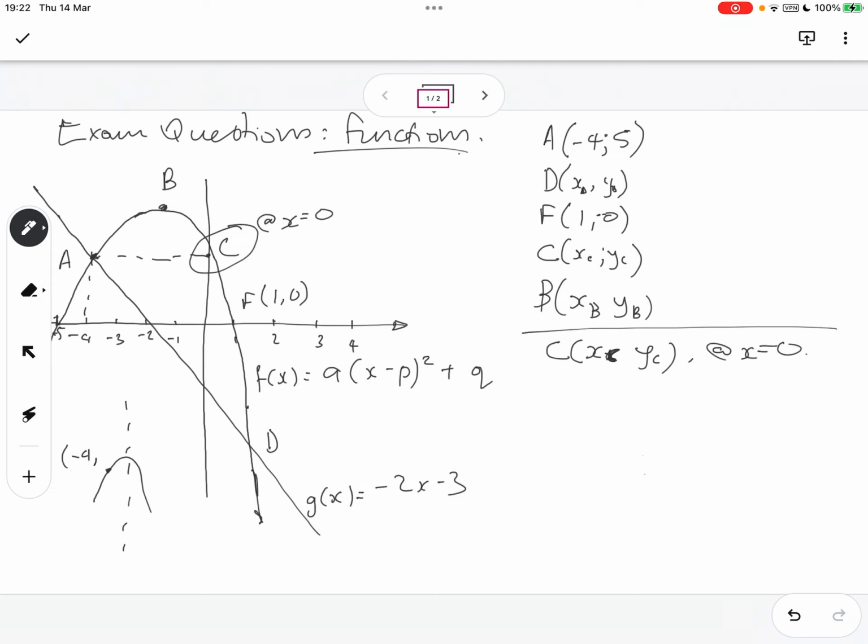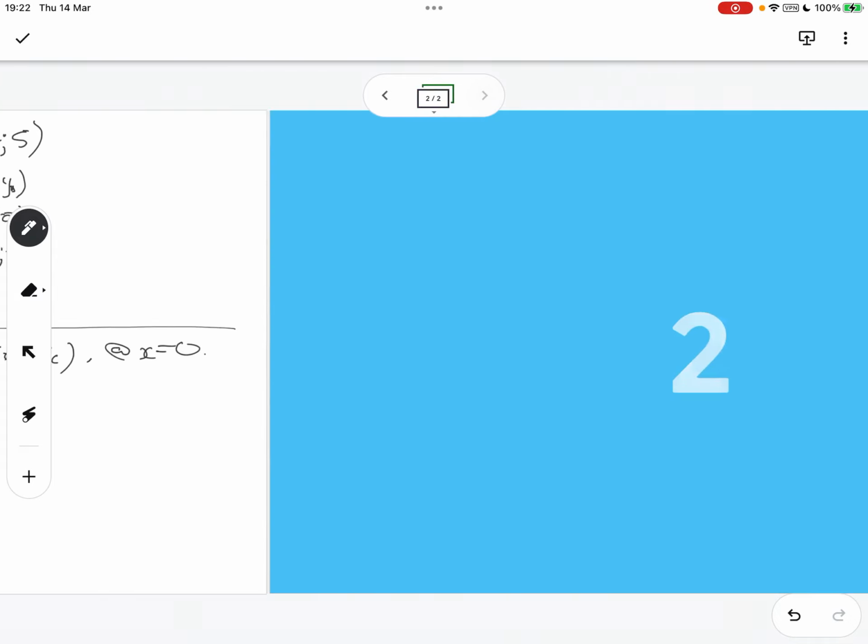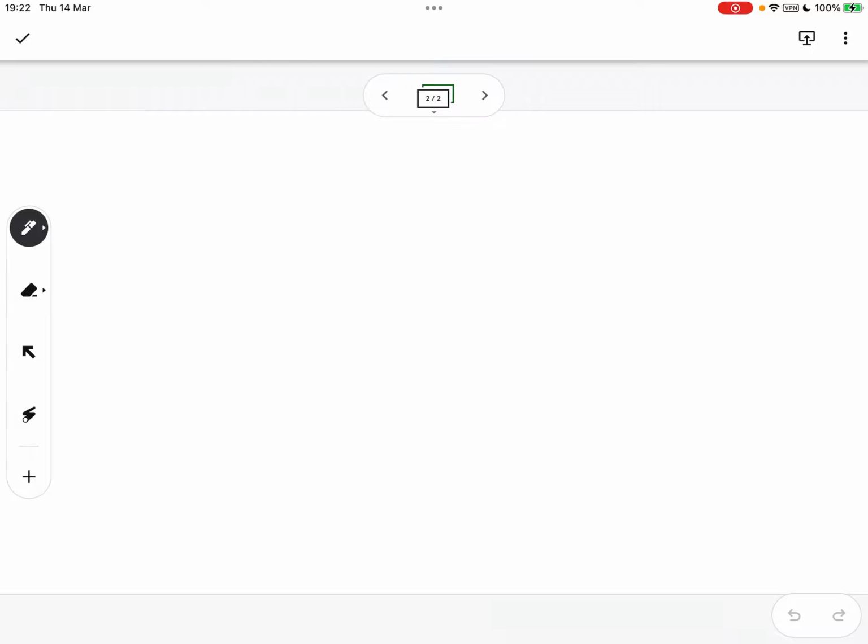So f is our parabola, and it has an axis of symmetry. Now the point A is (-4, 5). So if it's symmetrical, only the x value changes, but the y value is the same. So if A and C are reflections of each other, then the y coordinate of C would be 5.